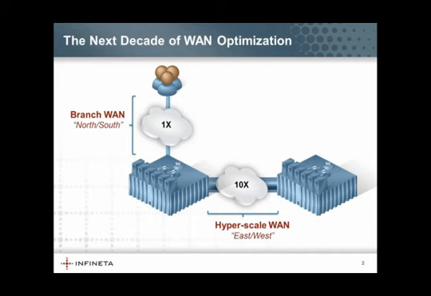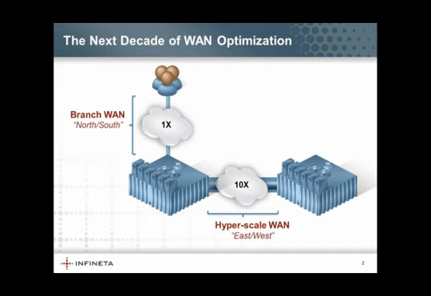Consider an enterprise data center serving 250 branches. If the link back to the data center from each branch is, say, an E1, you need no more than half a gig of bandwidth in the data center. Now, if you just think about an interconnect between two data centers for that same enterprise, typically 1 gigabit per second is the low bar when people talk about interconnects between data centers.